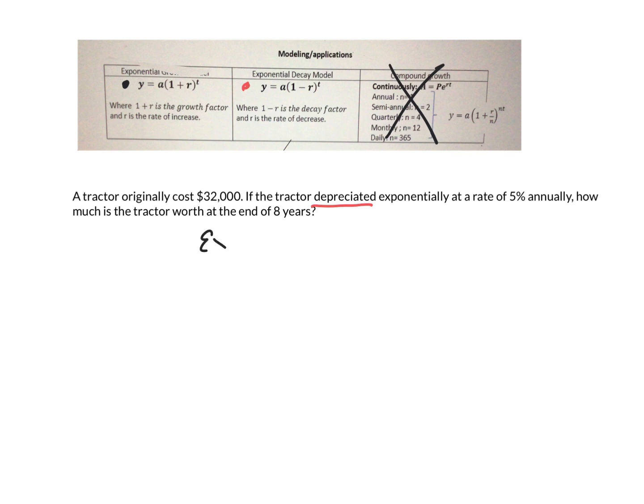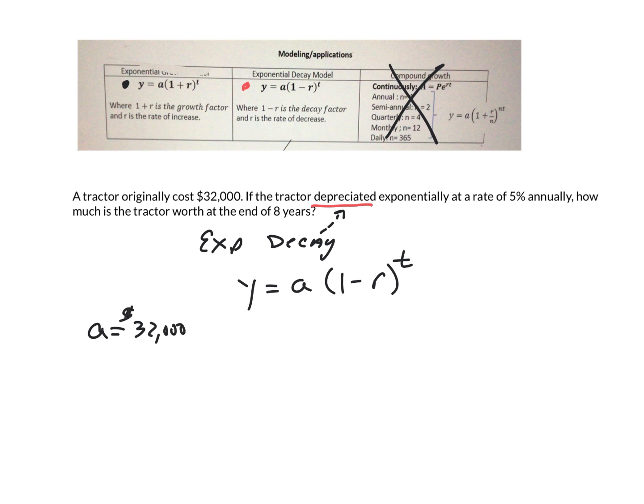So the exponential decay model, since it is getting less and less and less, is y equals the initial amount and then 1 minus r this time to the t. So the initial amount is $32,000 because that was the original amount of what the tractor cost. The rate of depreciation was 5% annually.